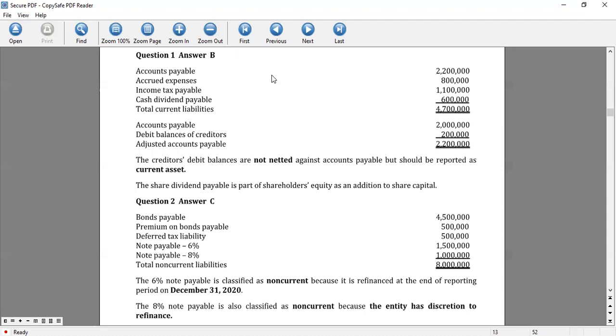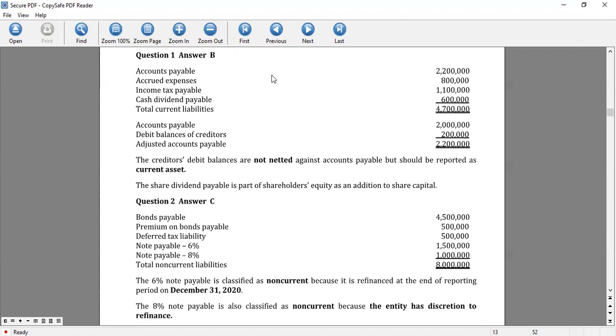The problem is asking for the total current liabilities. Now for the accounts payable in the amount of 2 million, add back debit balances. So the adjusted balance of accounts payable is 2.2 million.